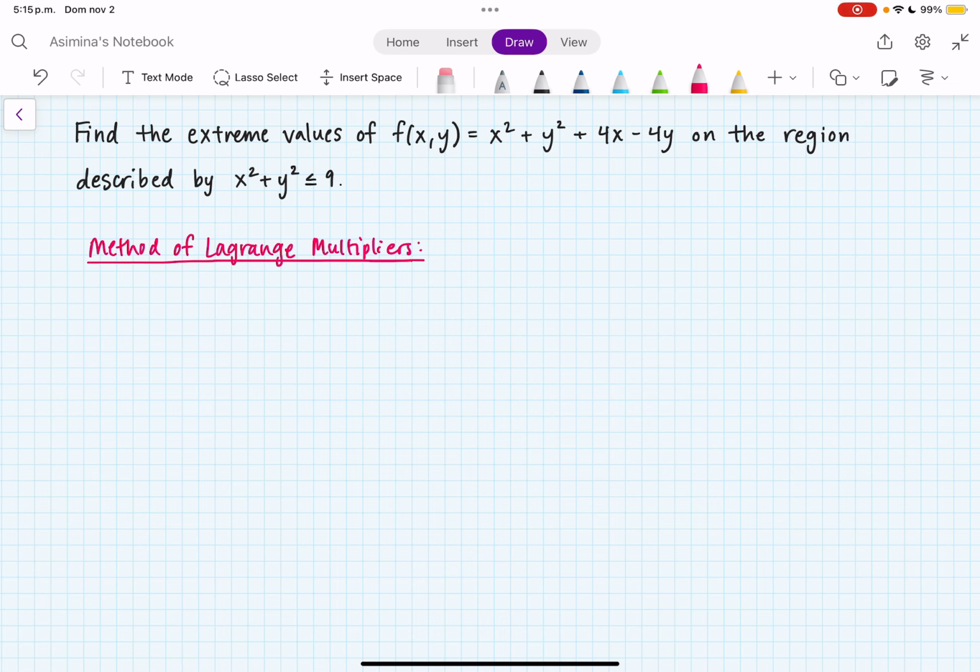This is basically a method that will allow us to find the maximum and minimum values of f. So what does it say?